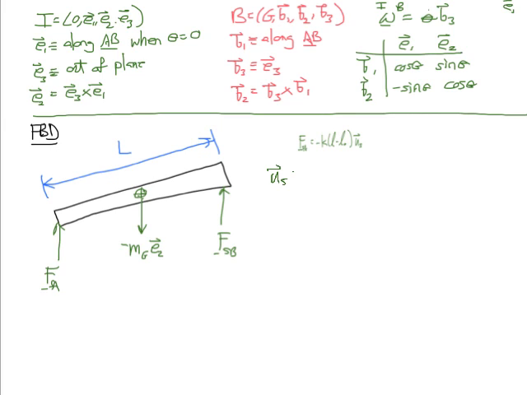U sub S is in the E2 direction because the attachment point off the rigid body is below, and then on the rigid body A is above that, so E2 is pointing up.